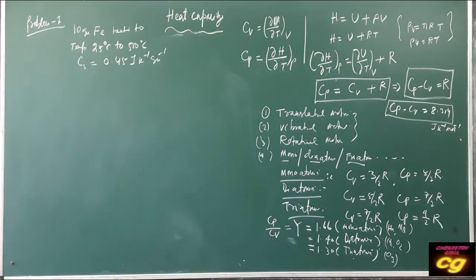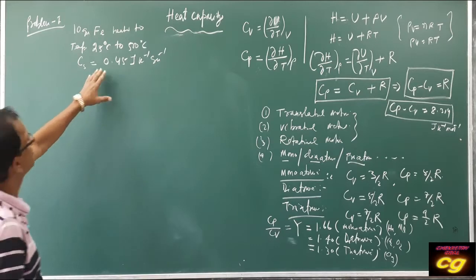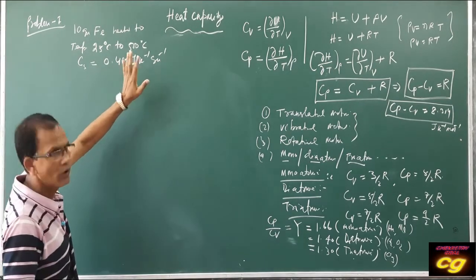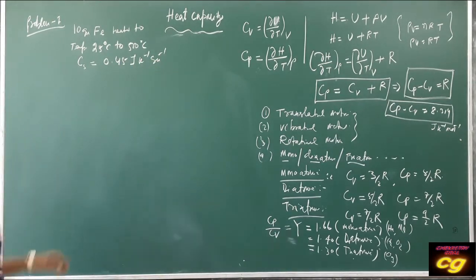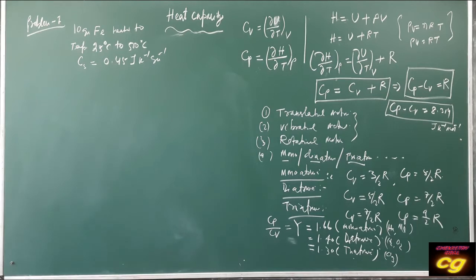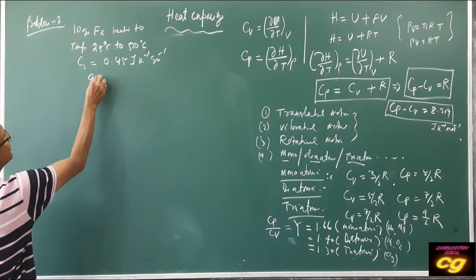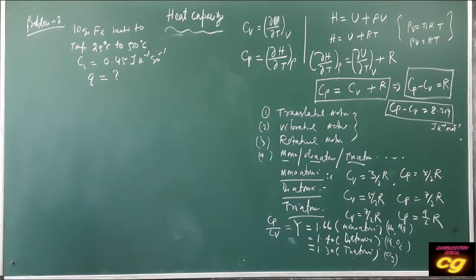Okay? The specific heat of a particular substance is fixed. For iron, the specific heat is 0.45 joule per Kelvin per gram. This is given. So the question is, how much heat is required? What is the value of Q?